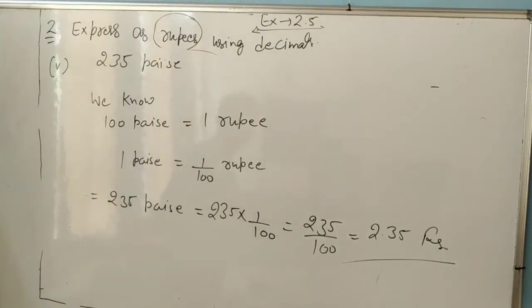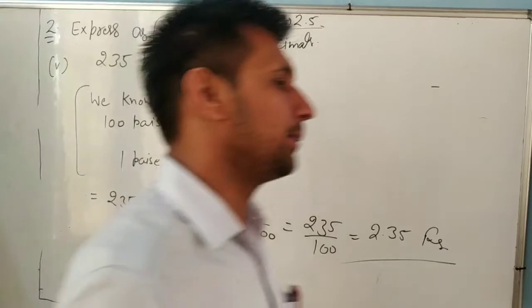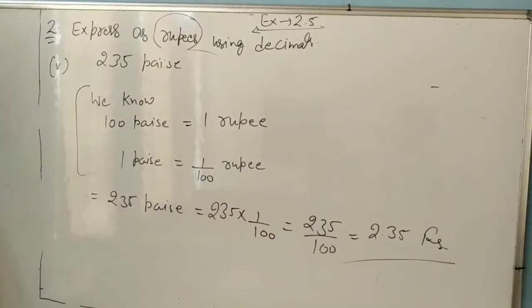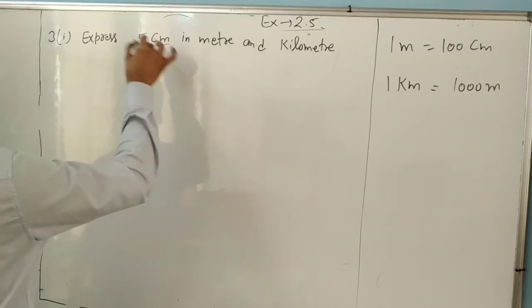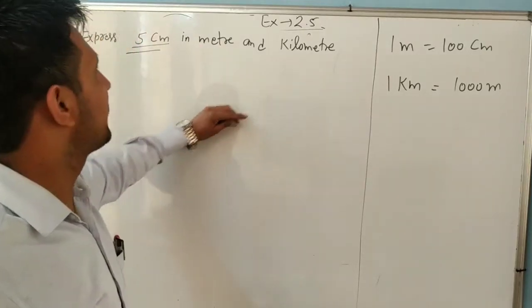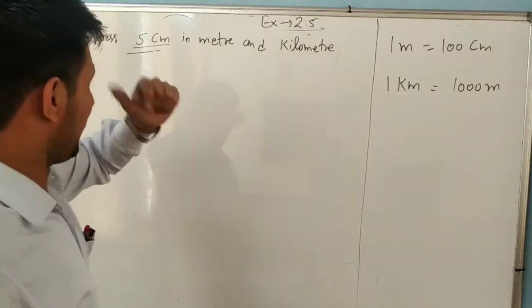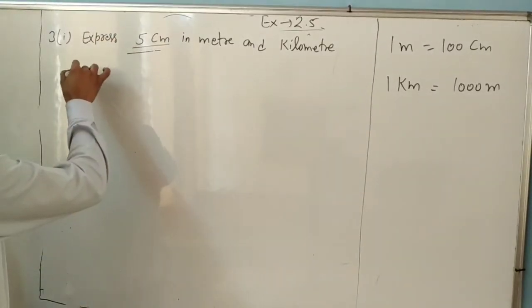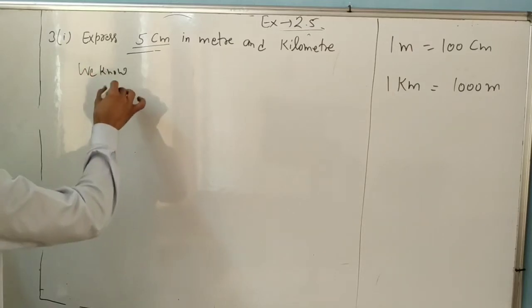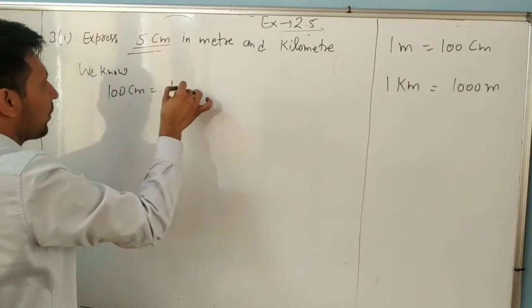Now question number 3. So you should always know this formula. Okay, it is very important. Now question number 3, dear, we have to express 5 centimeter in meter and kilometer. So first you should know how many meters in 1 centimeter. We know, everyone knows, 100 centimeter equals 1 meter.